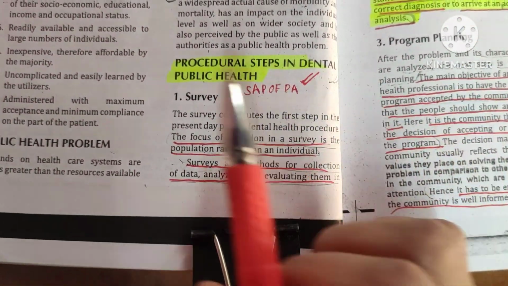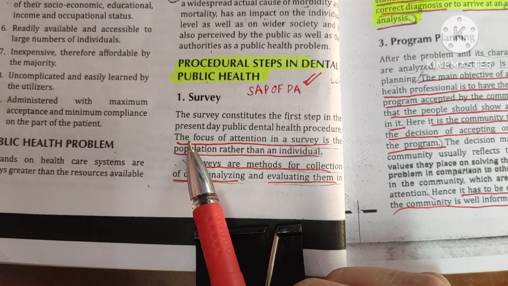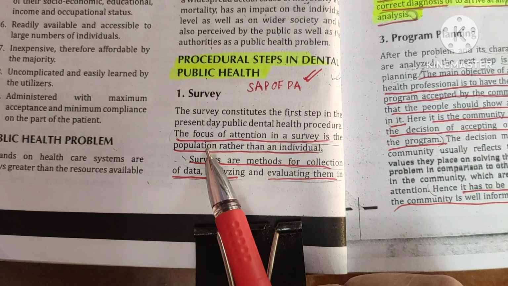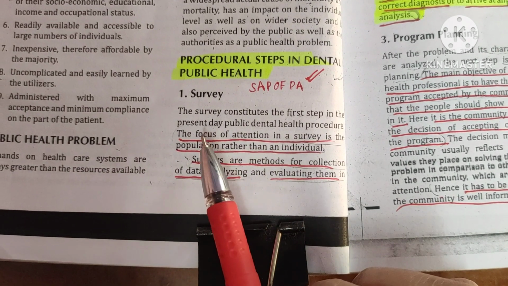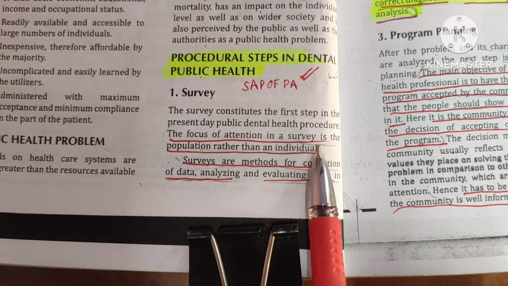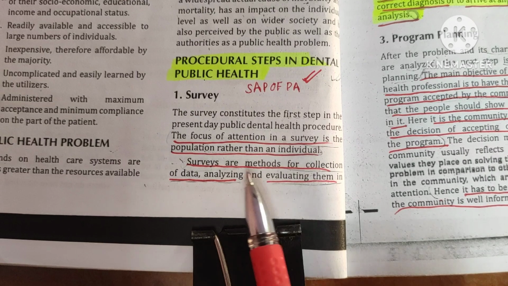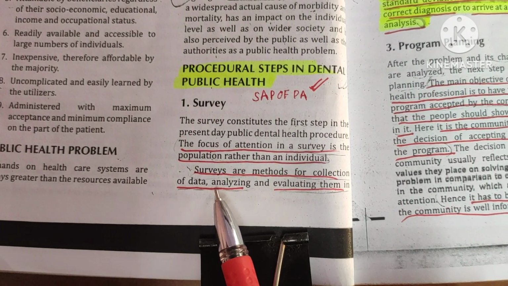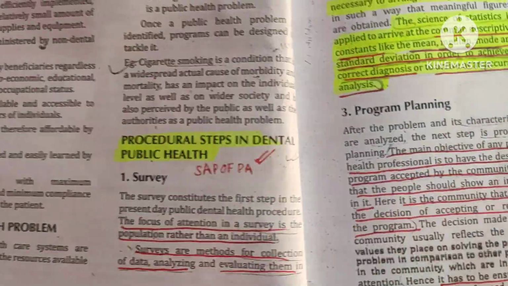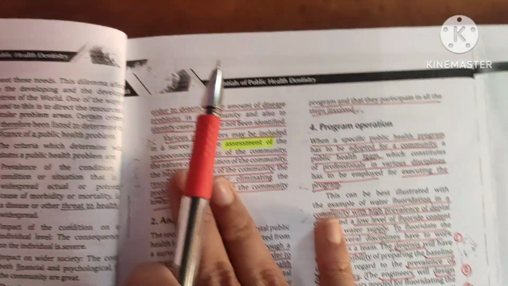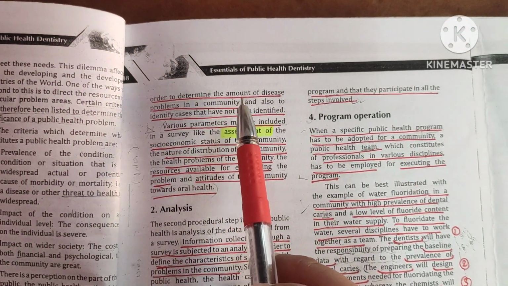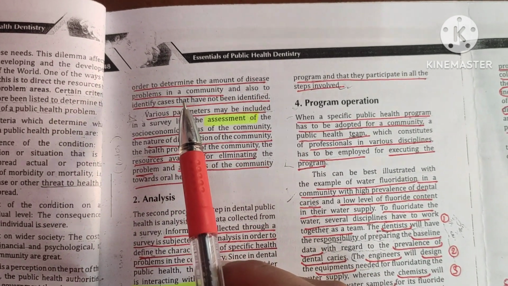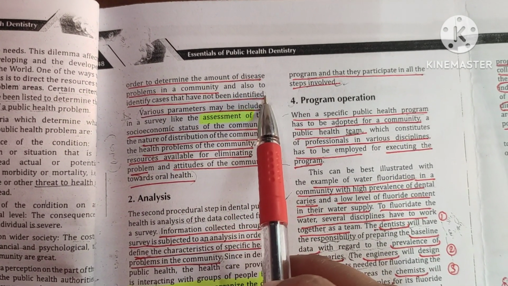So let's begin. Survey. The survey basically focuses on the population rather than the individual. As it is said here, the focus of attention of the survey is the population rather than the individual. Surveys are the methods of collection of the data, their analysis and evaluating them in order to determine the amount of disease problems in the community and also to identify the cases that have not been identified.